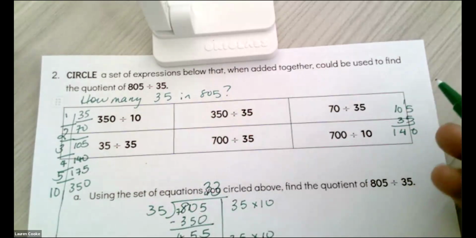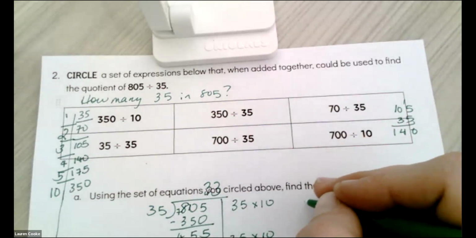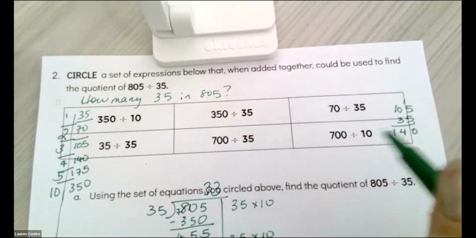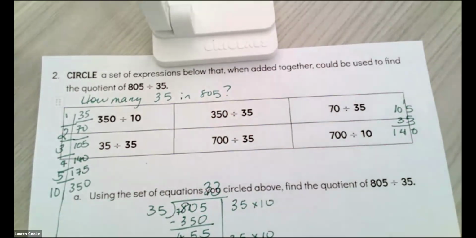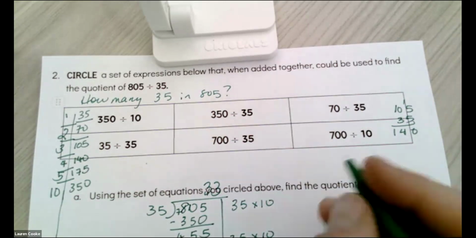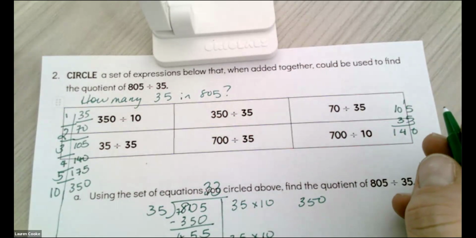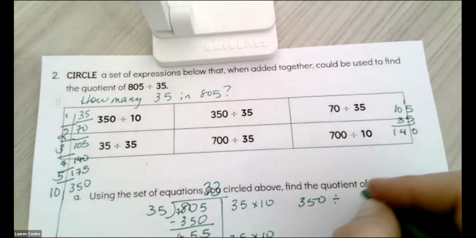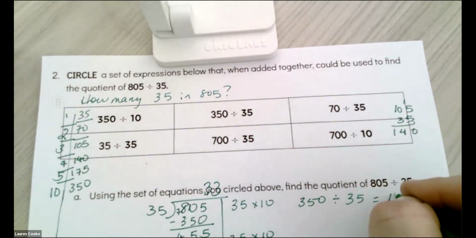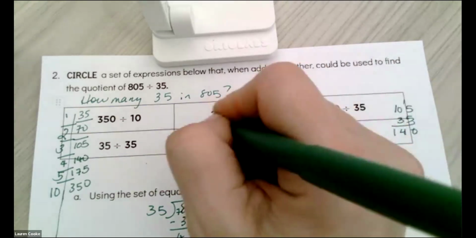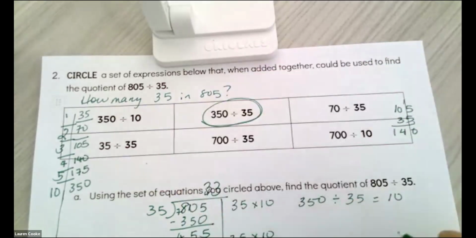Okay, so let's see what I can do here. This means that I could say 350 divided by 35 is going to equal 10. That's going to get me this one. Now I've used up 350.